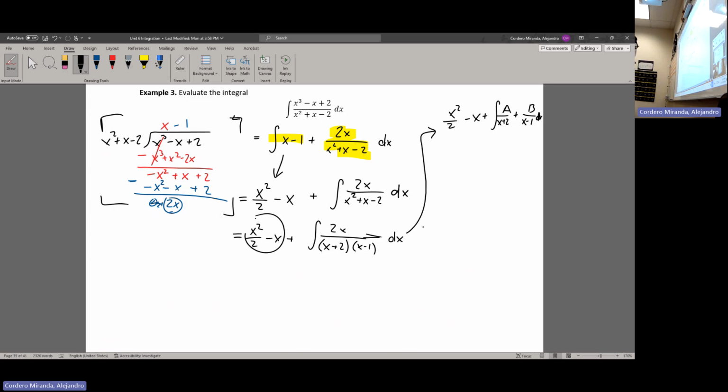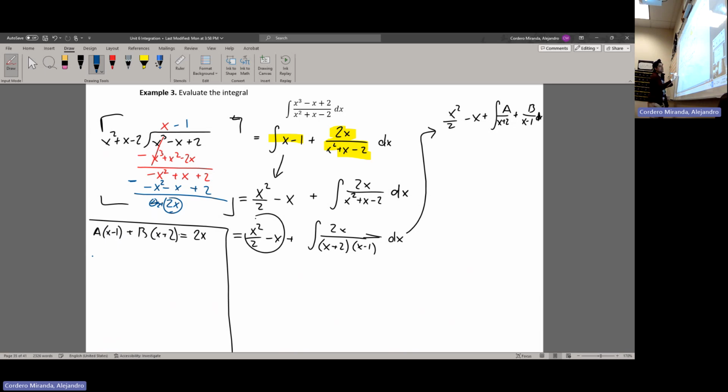All right, what is A and what is B? Let's figure it out. So more side work. Kind of cross-multiplying should get me back to the original numerator. What was the original numerator? Oh yeah, 2x.